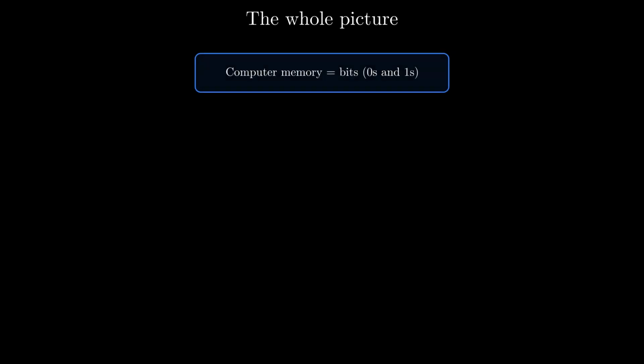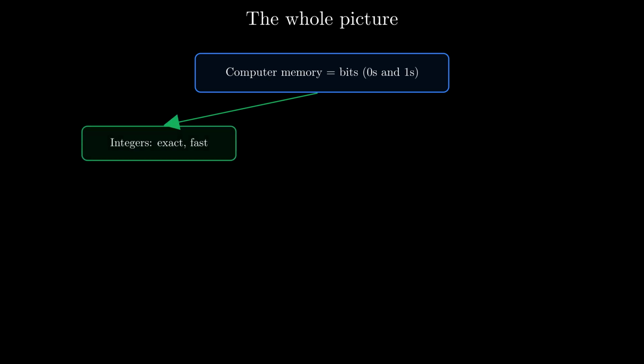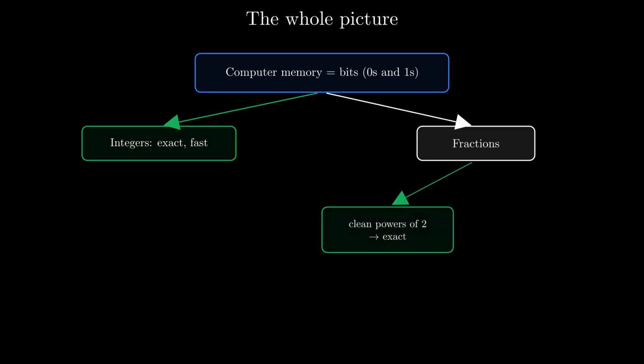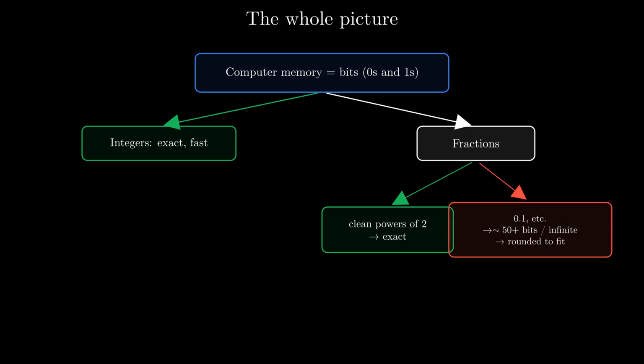So here is the whole picture. Everything in a computer's memory is stored as bits, just zeros and ones. Integers are clean and quick to write in base 2. Fractions are a different story. A fraction that happens to be a tidy sum of powers of 2 converts instantly. But a fraction like 0.1 does not, and its honest binary form runs around 50 digits, while others run forever.